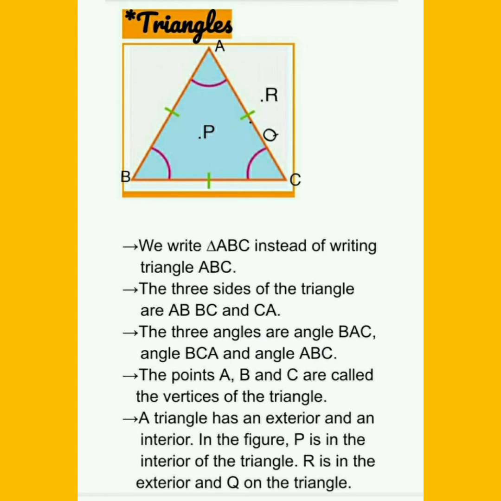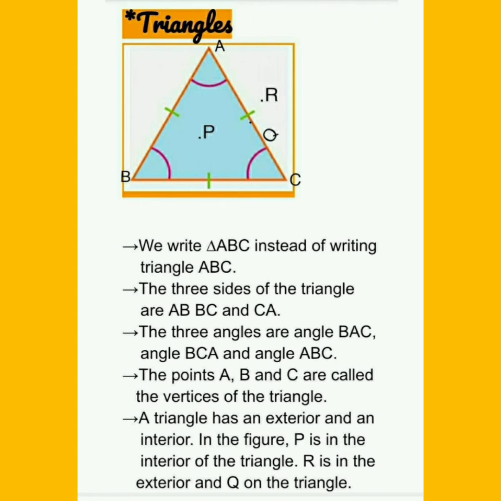Okay, now a triangle has three sides, namely, as you see, AB, BC and CA are the three sides of the triangle ABC. Then it has three angles. An angle is formed in between two sides.